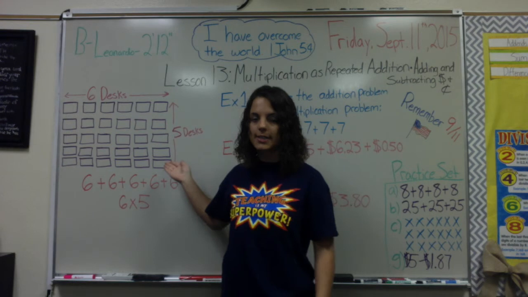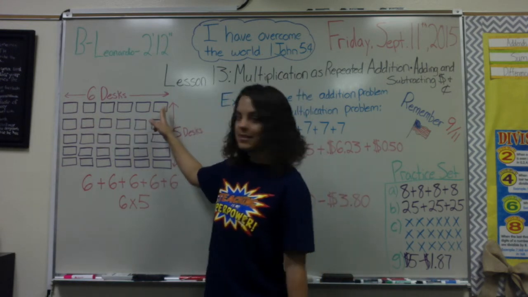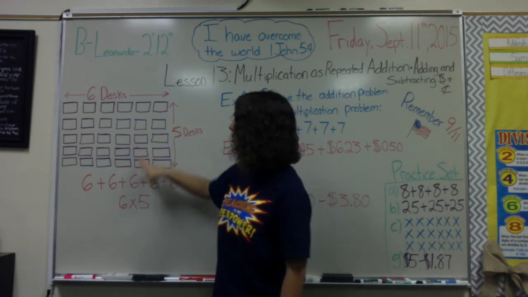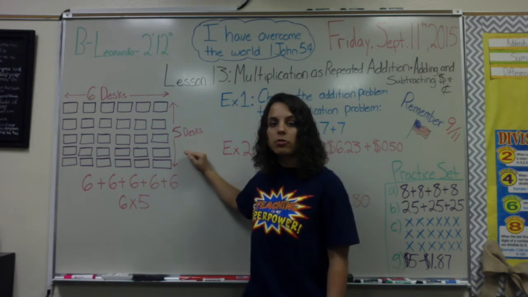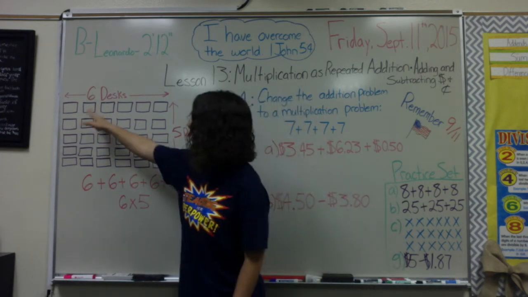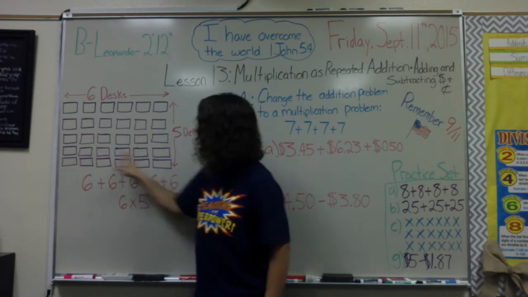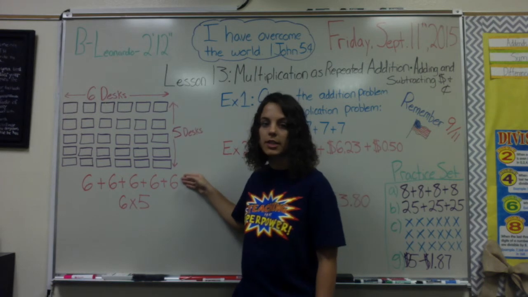These are all desks. We have 6 desks going across, and we have 5 desks in each row. So the way that we could approach this is I could add 6 plus 6 plus 6 plus 6 plus another 6, which is 5 sixes all together.